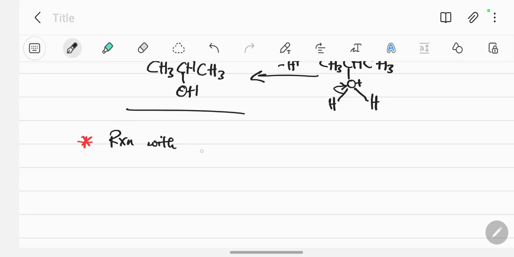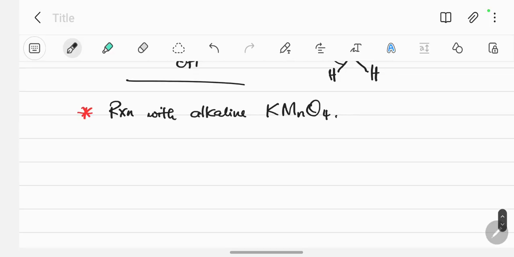So how is it going to be? I'm going to use this example, the simplest.